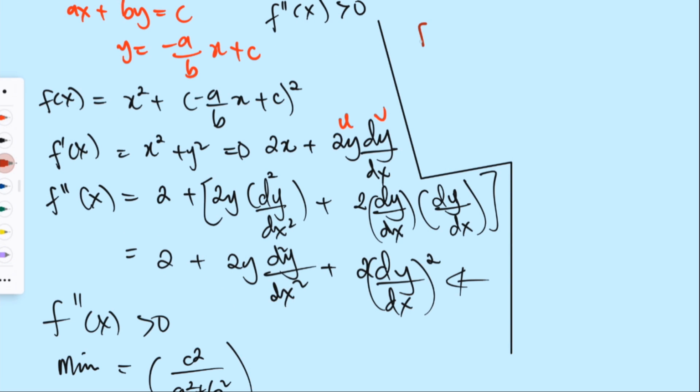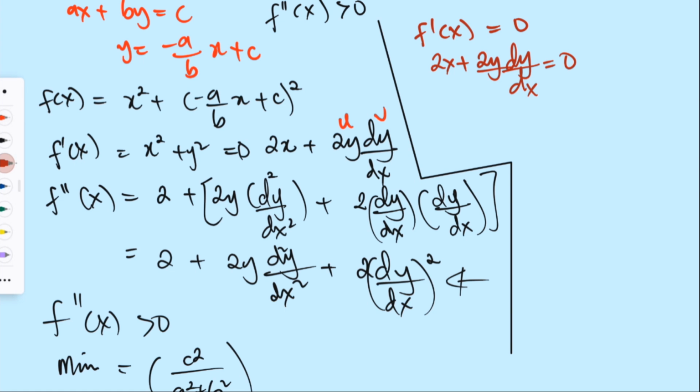F prime of x, which has to be 0, would be 2x plus 2y dy by dx equal to 0. So we're doing this so that we can get the x value at which it is the minimum, right? Okay, so what is dy by dx? The derivative of y with respect to x.